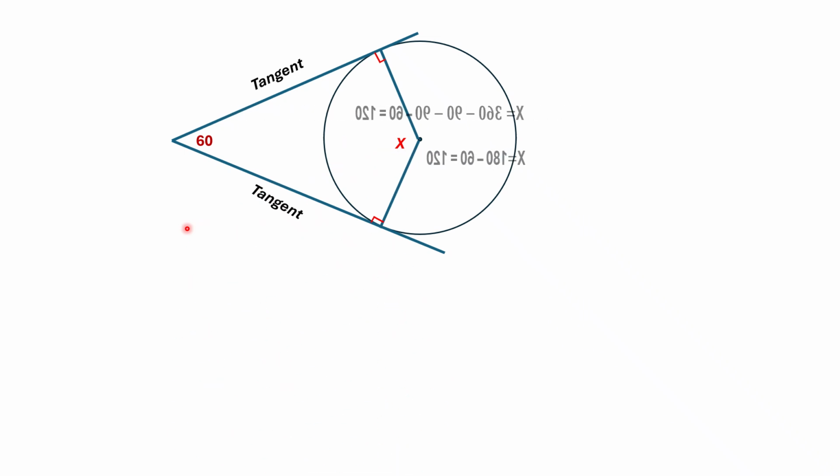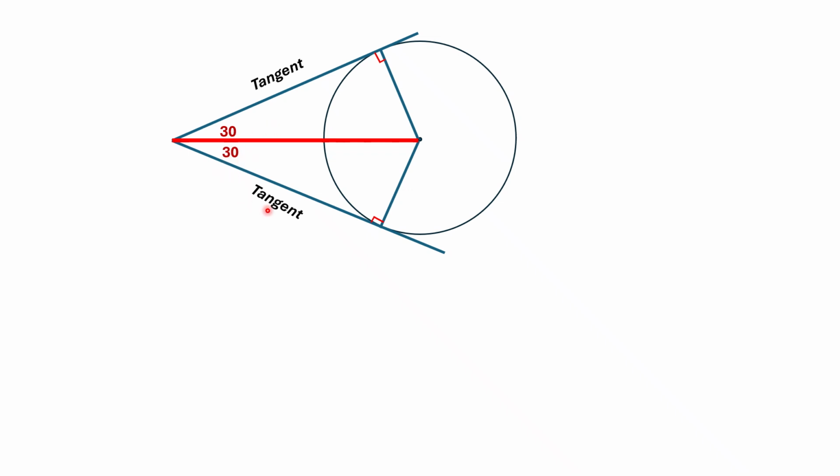Let's look at another part of the same theorem. The other part is if we have a line coming from the center of the circle to this angle here, this line will always halve this angle. So it was 60 before. Because of this line, it's going to be two 30s. It halves it and makes it 30 and 30.